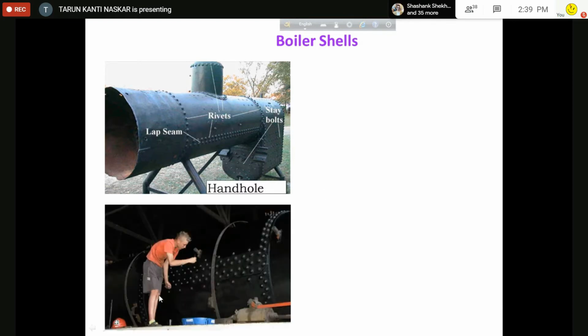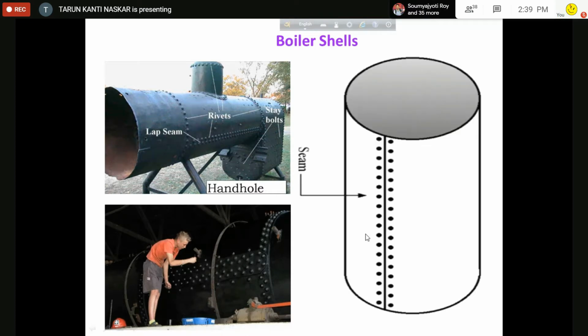Now this has been shown to give an idea about the size of the boiler shell. So this is the man height. Now, this is the seam. This one is the seam and this one is the circumferential joint.